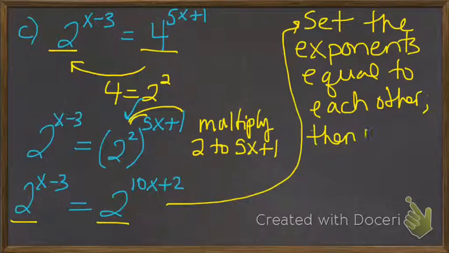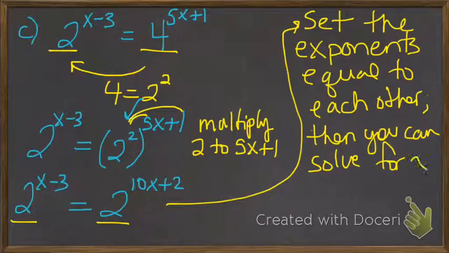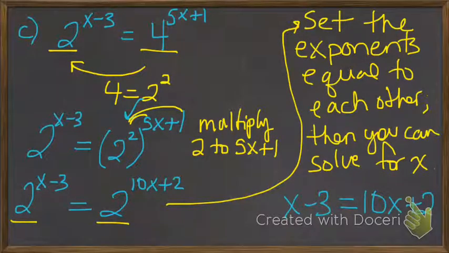Then you can solve for x. So let's do this. I'll write it out here first, and then I'll solve on the next slide. You're going to state x minus 3 equals 10x plus 2.